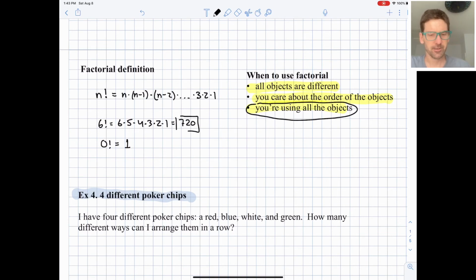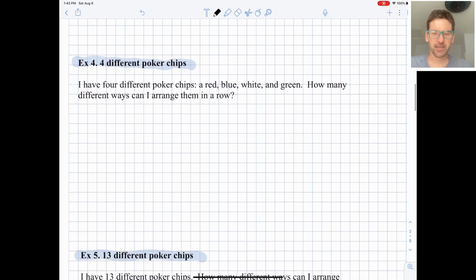But really, factorial just means we're counting down and we're multiplying each number as we get to it. So let's do factorial with a couple examples here. And by the way, you want to find the factorial button on your calculator. On mine, it is right above the number 3. So I have to type in the number and then the shift button and then factorial.